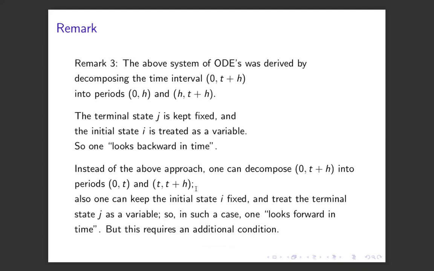One can do that also. In that case, this i would be fixed and j will act as a variable. So in that case, one can have looking forward in time. But the price one has to pay is that it requires an additional condition for the analysis to go through. And also you will see what differential equation one gets.